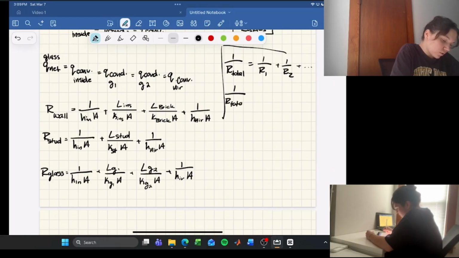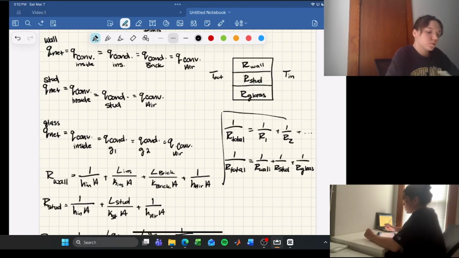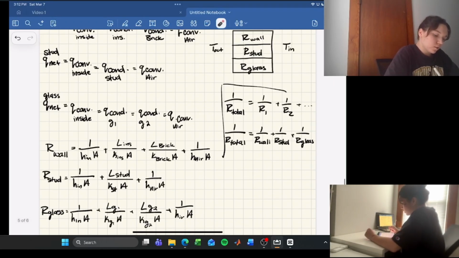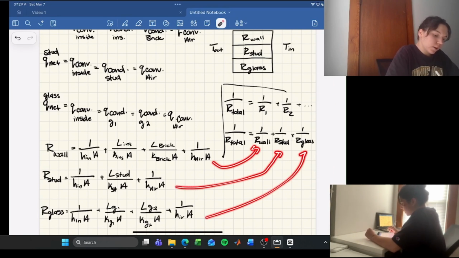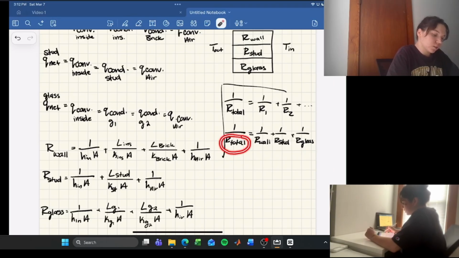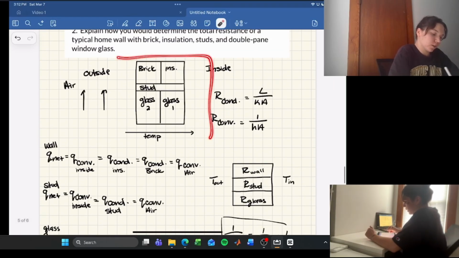The total thermal resistance is in the denominator, and you're adding 1 over the resistance of the wall, plus 1 over the resistance of the stud, plus 1 over the resistance of the glass. So if you plug in all of this information, you can get the total thermal resistance of this entire system, this whole thing.